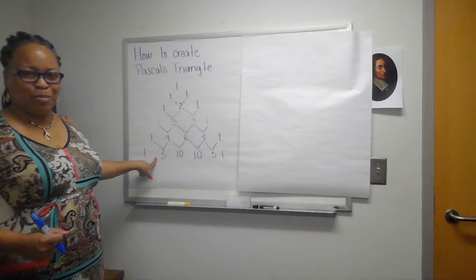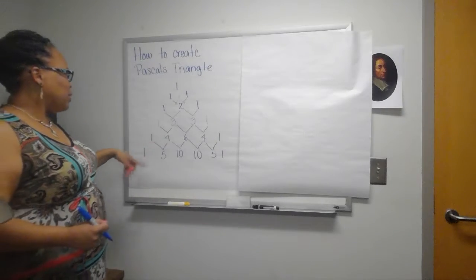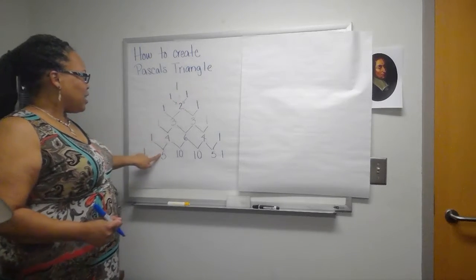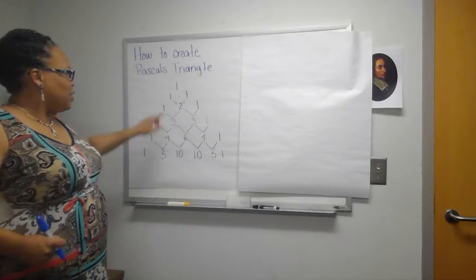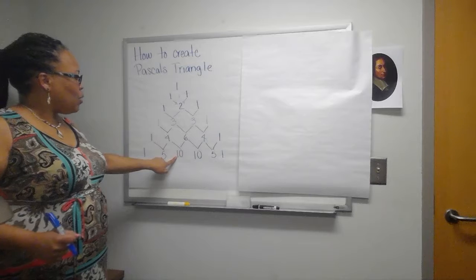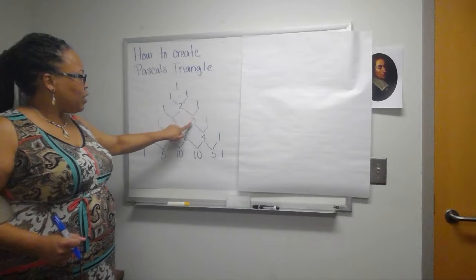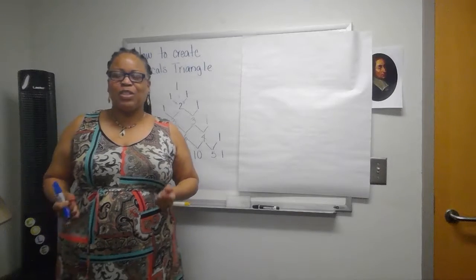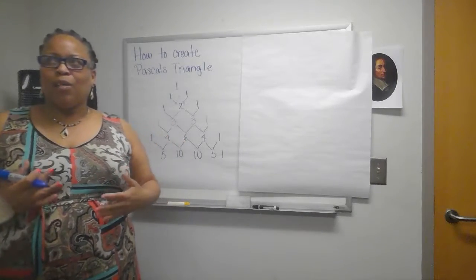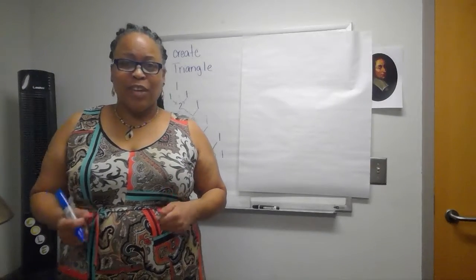Those are your counting numbers. Your counting numbers are in the second row, either diagonal. Then if you notice the third row, we get numbers like 1, 3, 6, and 10. Those are going to be considered your triangular numbers.